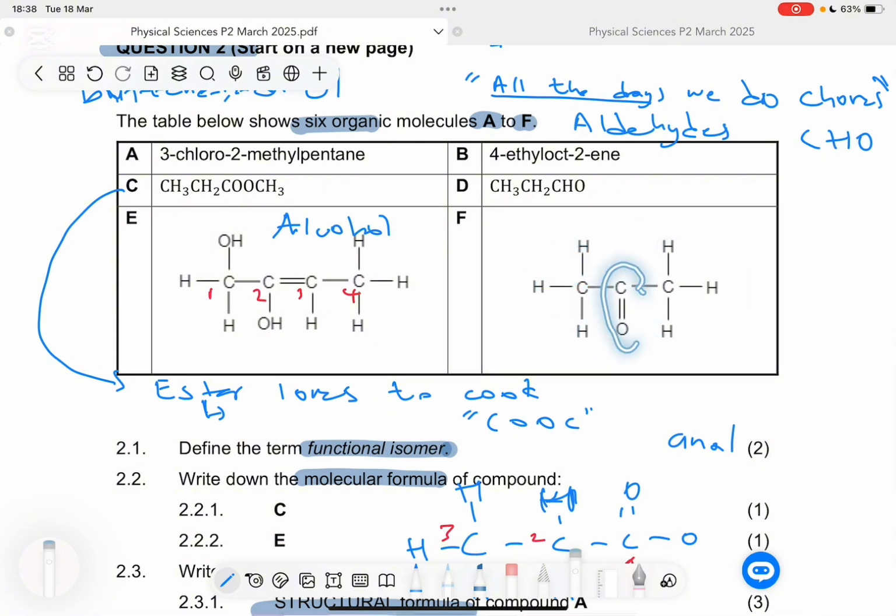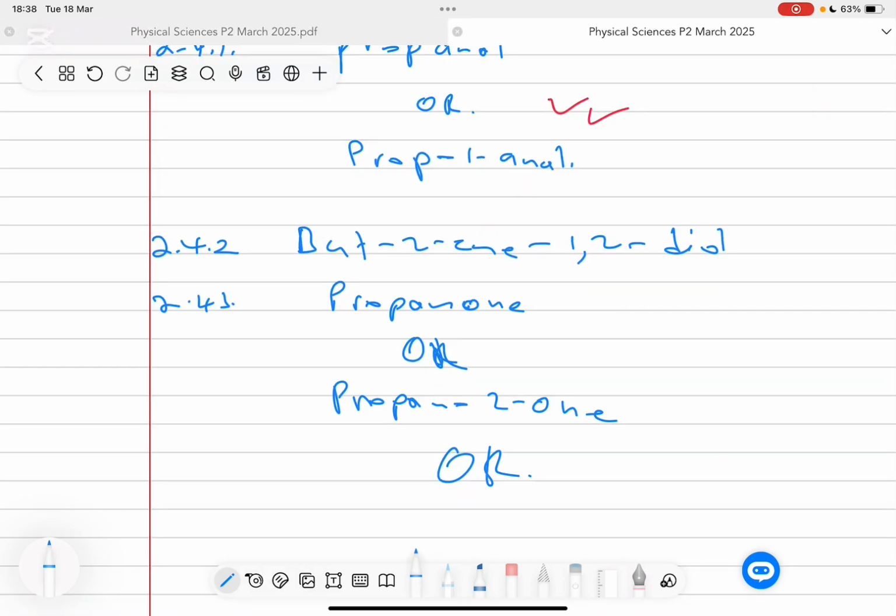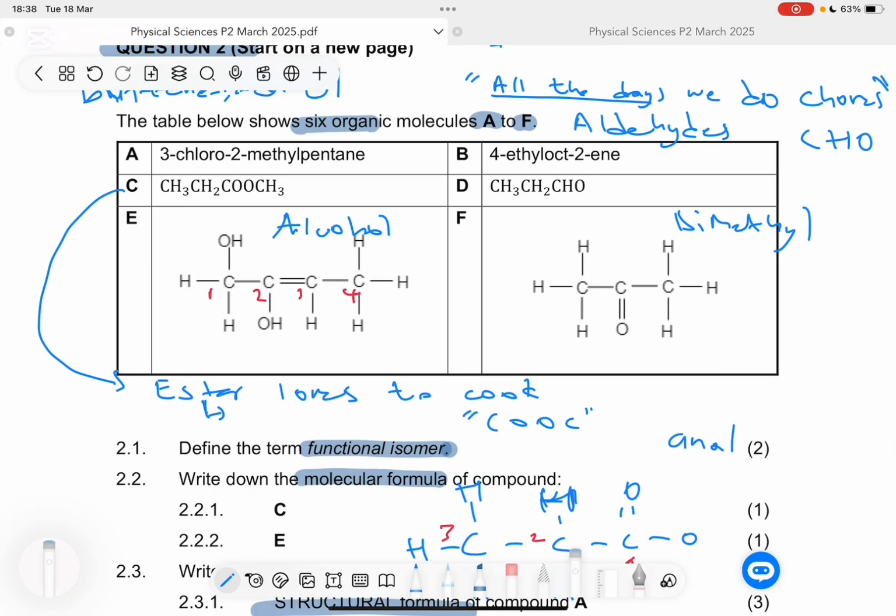So we're saying that we have a functional group CO attached to 2 methyl groups. We have a methyl group and there are 2 of them. When there are 2, we call this di. So we can say this is a dimethyl, but we say this is a keton. We are saying that this functional group is a keton. So this means the name can also be rewritten as dimethyl keton. Is a keton that has 2 methyl groups attached to it. That's another way in which you can name this.